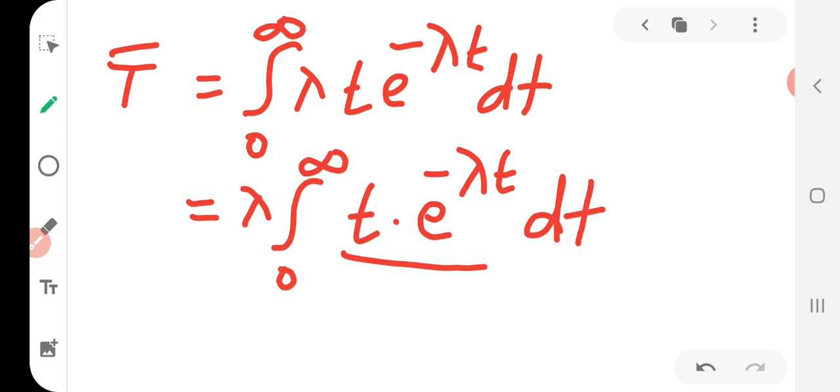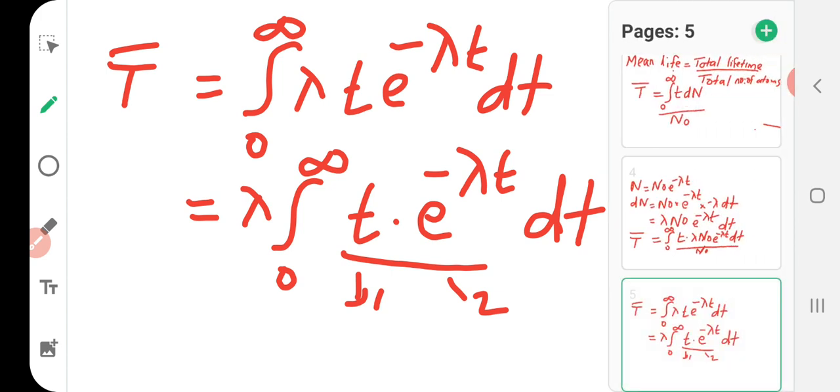So the formula for integration by parts: here we are taking the first function as t and the second function as e raised to minus lambda t. Integration by parts is first function into the integral of the second, minus the integral of the derivative of the first into the integral of the second.